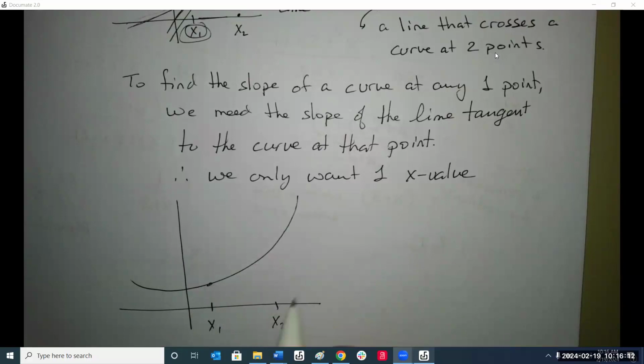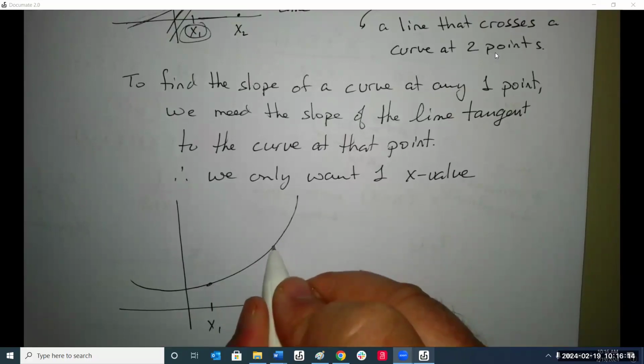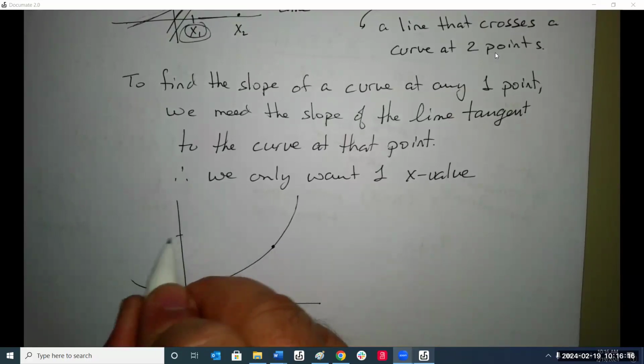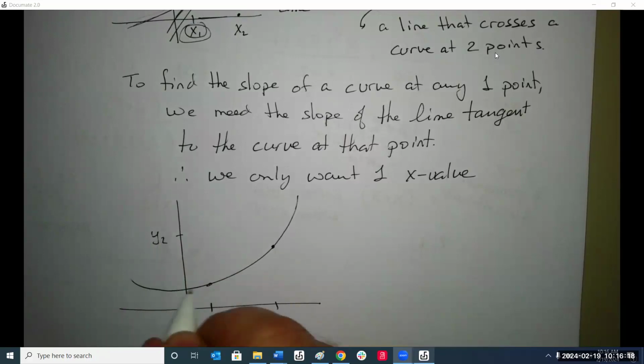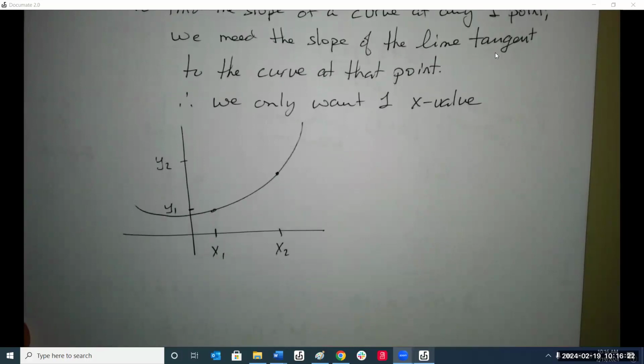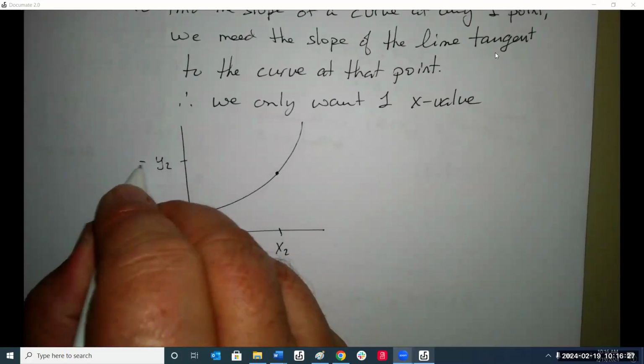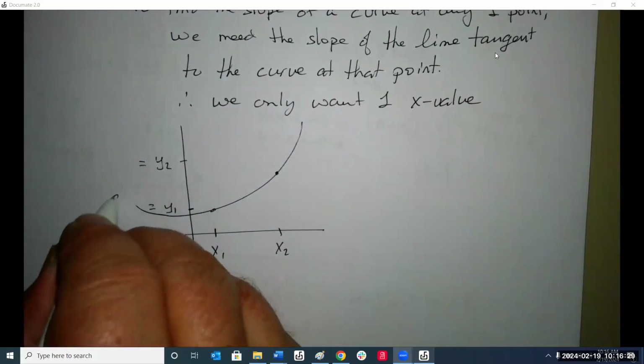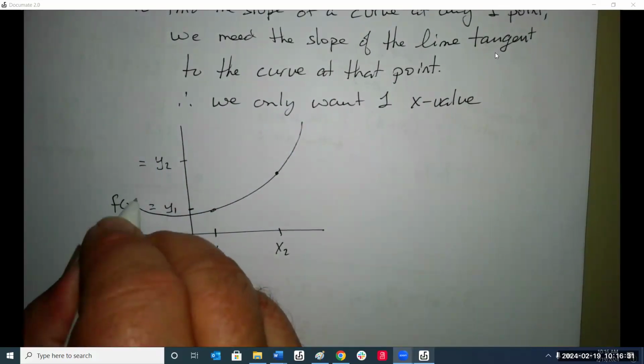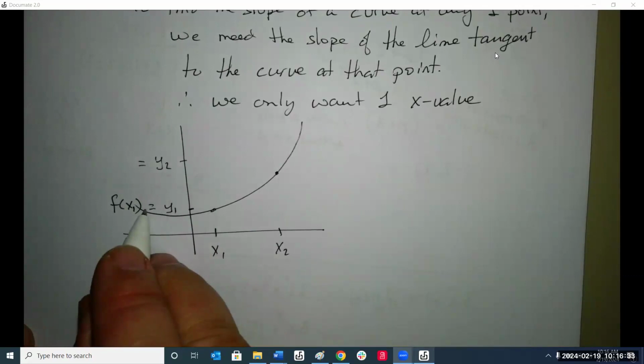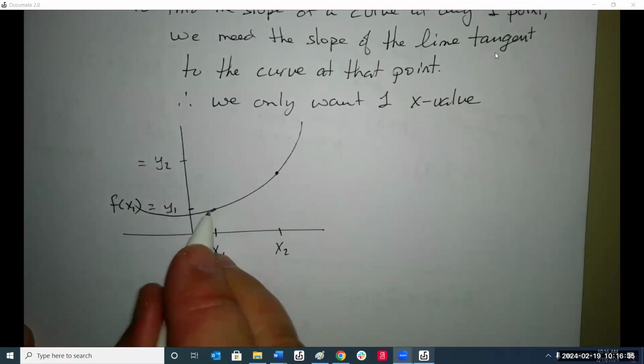So we know we have that point and we have that point. Let's put this into functions. This is the function at x1, so the y value when x is x1.